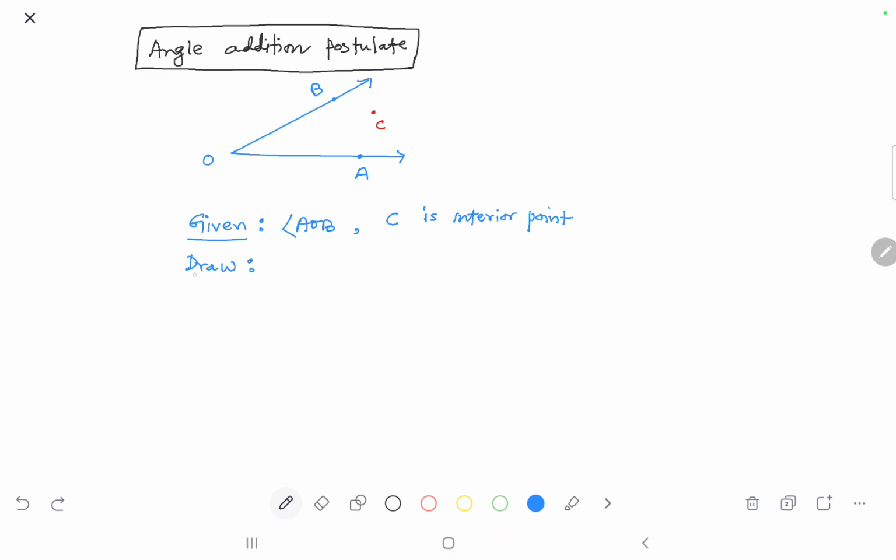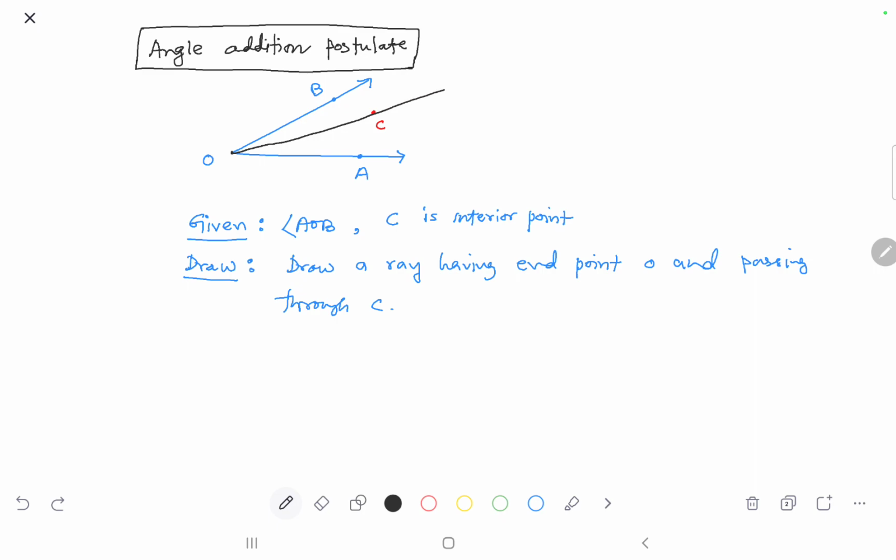These are the given parts, so draw a ray having endpoint O and passing through point C. Okay, so let's draw it. The endpoint is O and it passes through C, so you have to draw in the direction of C. Right, Muhammad? Yes.